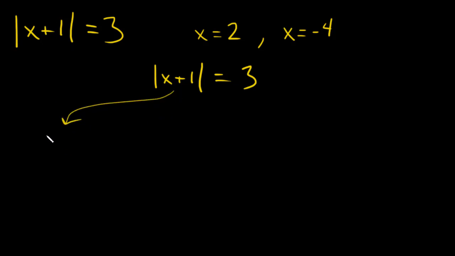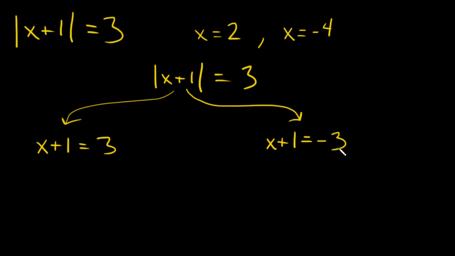So I break it into this equation over here by copying everything exactly like it is with no change, but no absolute value either. x plus 1 equals 3. The other way I can break this into two pieces is by taking what's in here, x plus 1 equals, and changing the sign of everything that's out of the absolute value, negative 3.